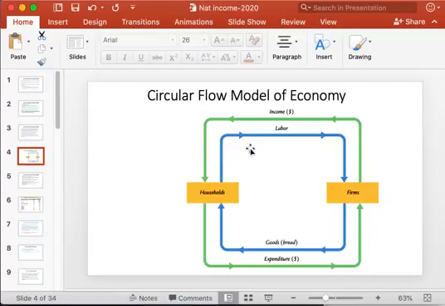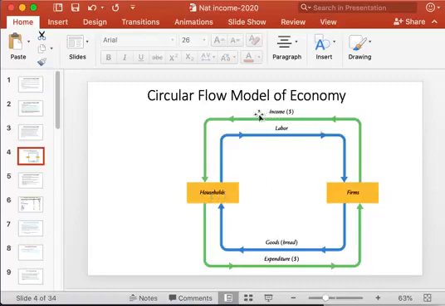GDP is not equal to the income here plus the expenditure here. No, GDP is either the income earned by the household here, and the people and the owners of the firms are a part of the household here.